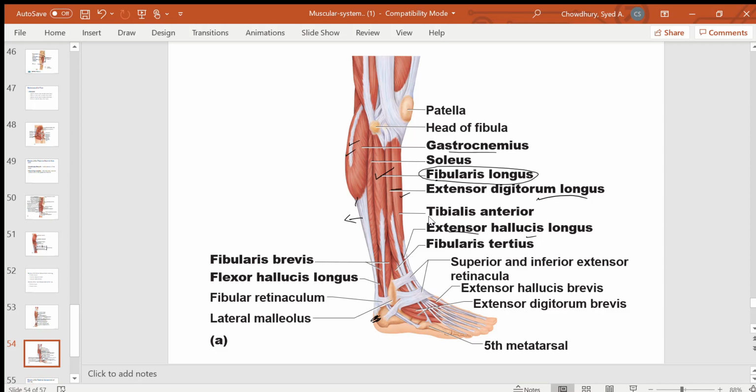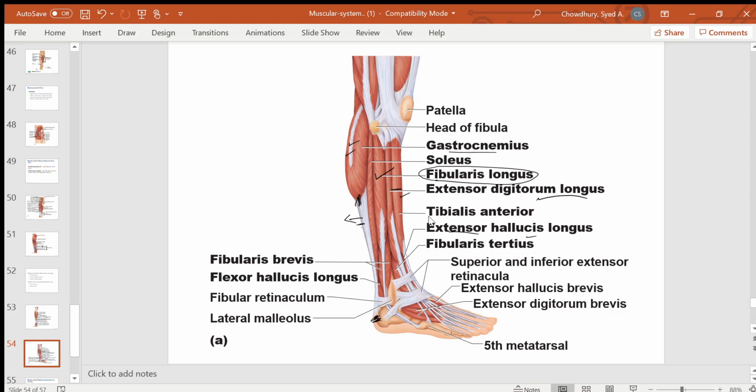So that's why this is called tendocalcaneus or tendoachilis, Achilles tendon. This one goes from the gastrocnemius to the calcaneus.